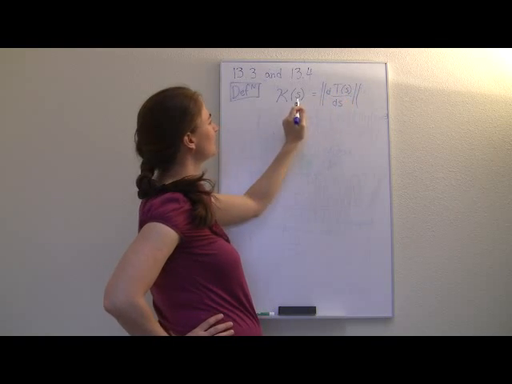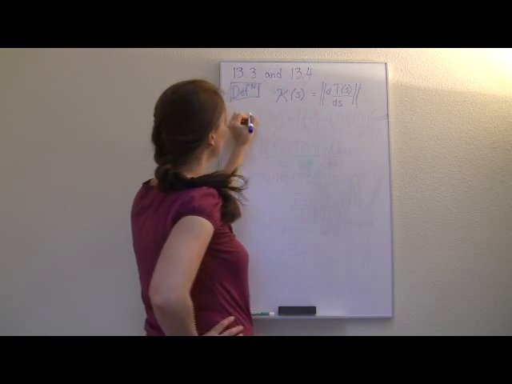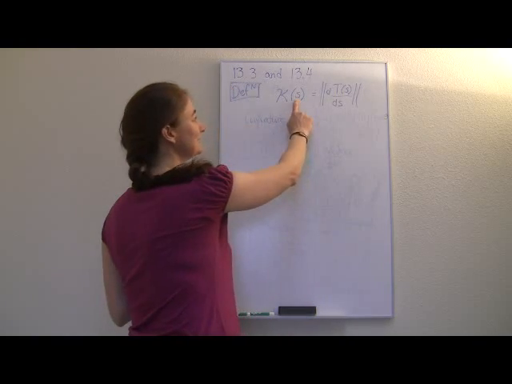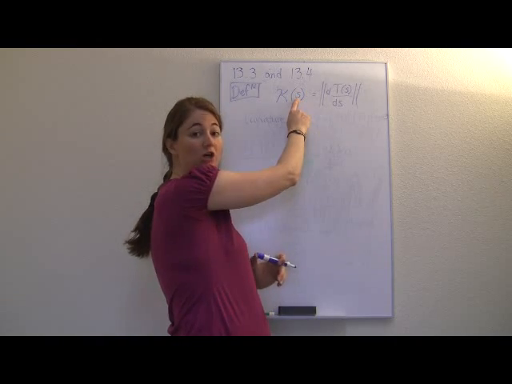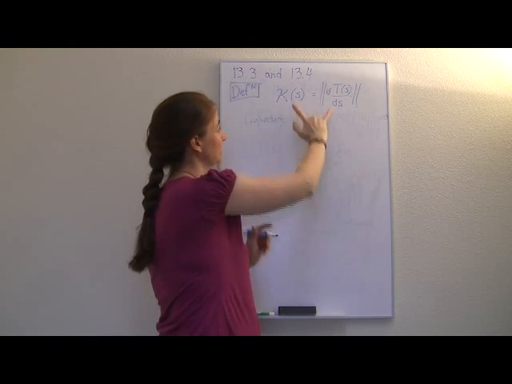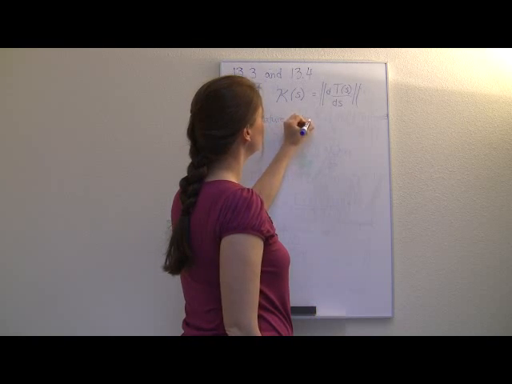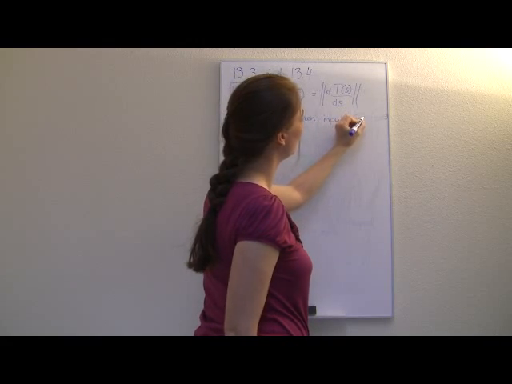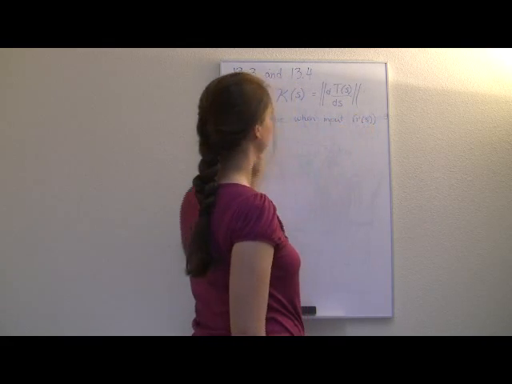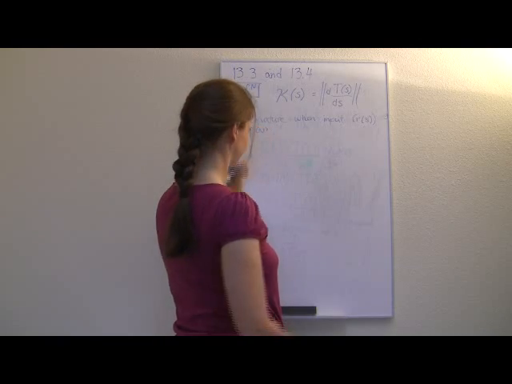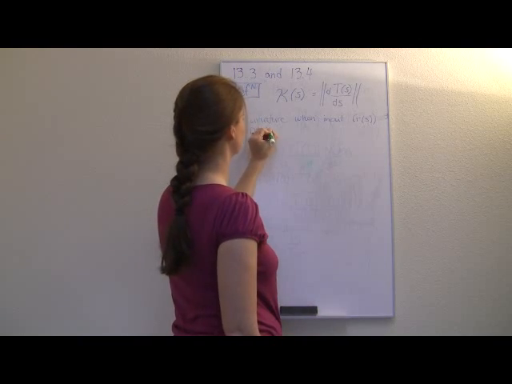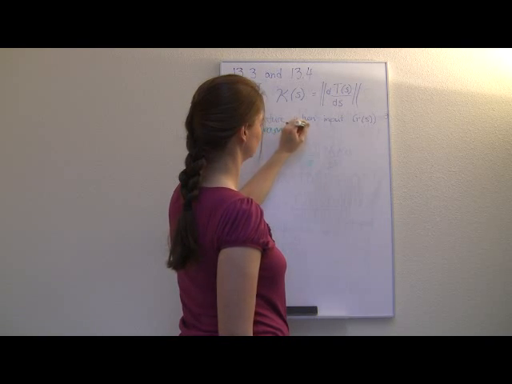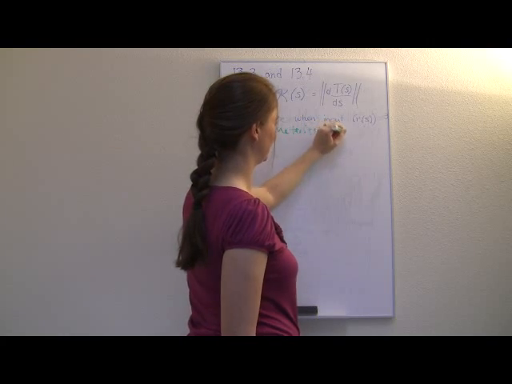Notice, though, that this is only the case when curvature is represented with my input value being arc length. So this is a very special way to write the curvature. The curvature when my input for my r of s function is parameterized by arc length.